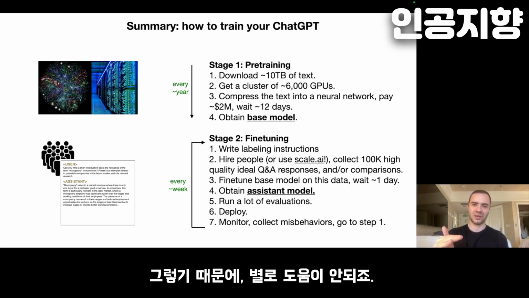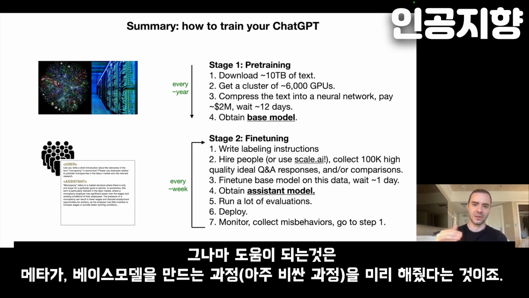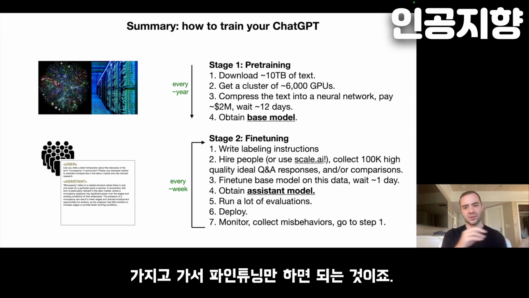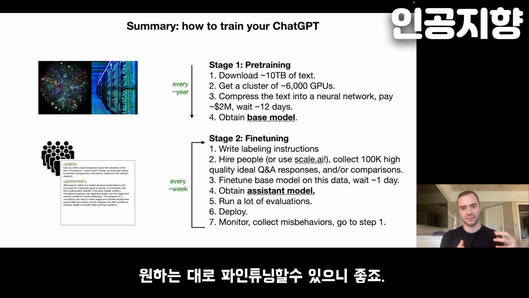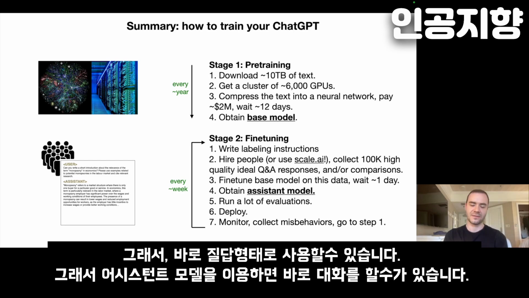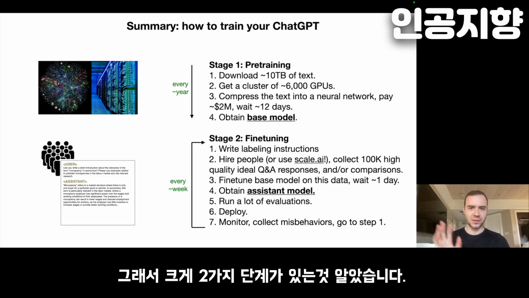So these are not super helpful. Where they are helpful is that Meta has done the very expensive part of these two stages. They've done stage one and given you the result, so you can go off and do your own fine-tuning. That gives you a ton of freedom. But Meta, in addition, has also released assistant models. So if you just like to have a question answer, you can use that assistant model and talk to it. Okay, so those are the two major stages.